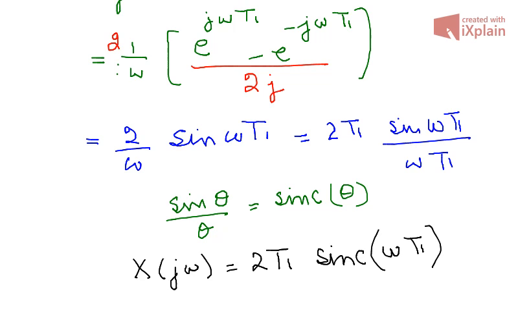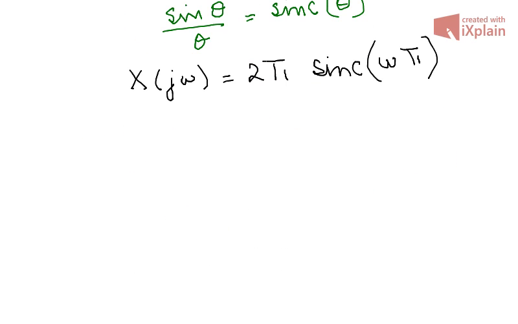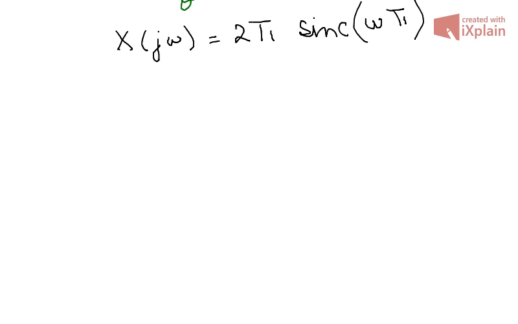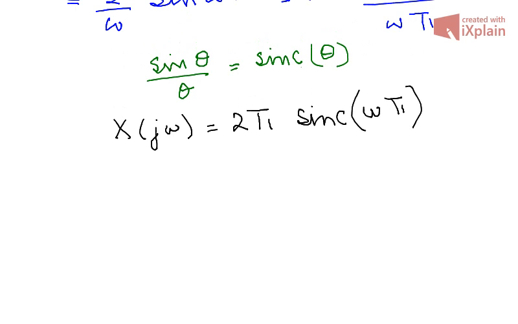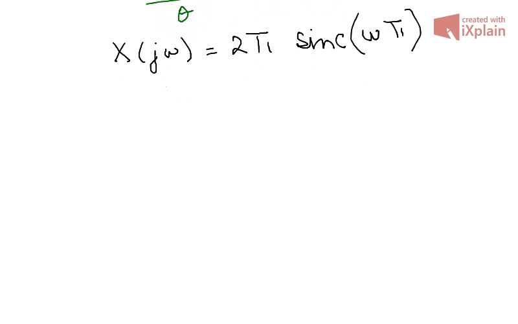Now we can draw our Fourier transform, which is just a sinc function, and you know the sinc function from your previous theory.